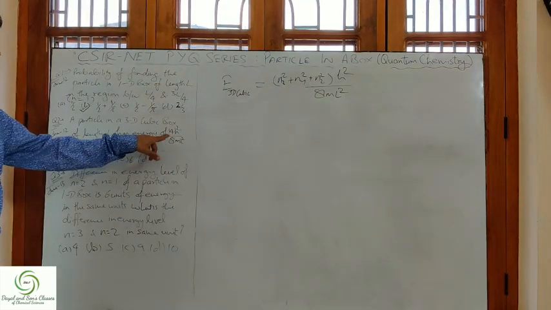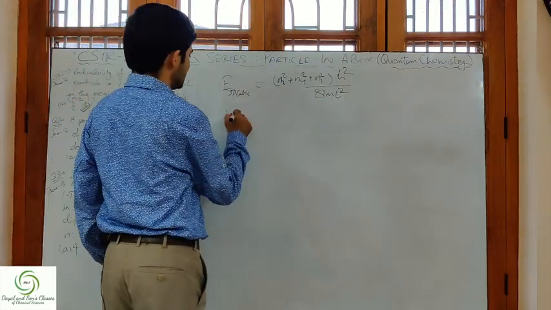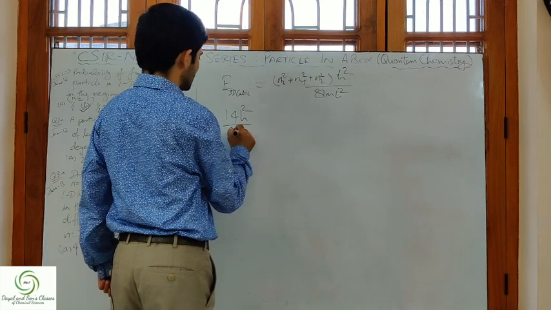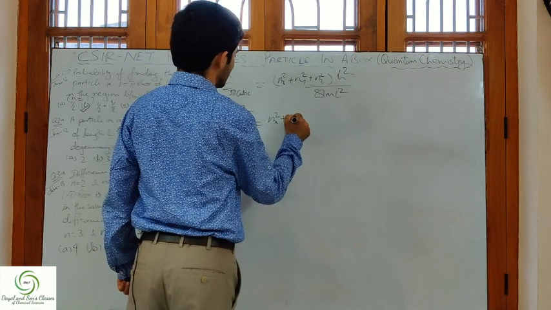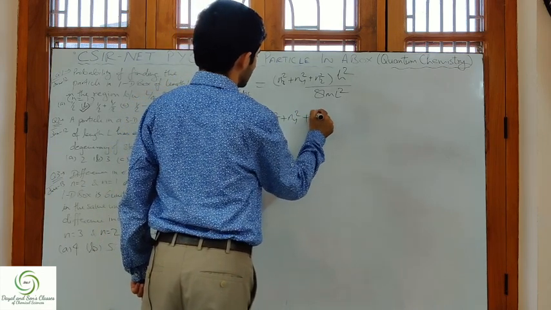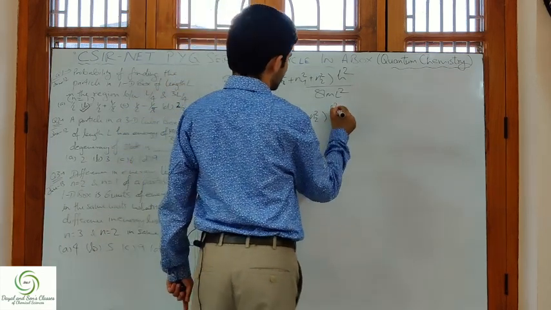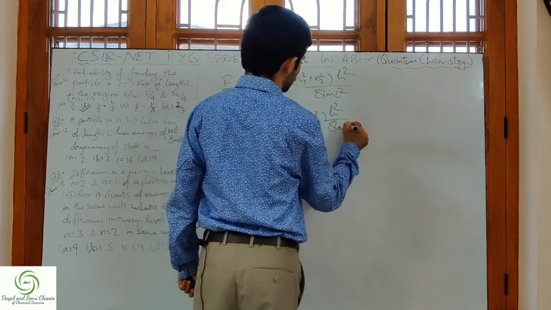And the energy we are given as 14 h square upon 8 m L square is equal to nx square plus ny square plus nz square into h square upon 8 m L square.